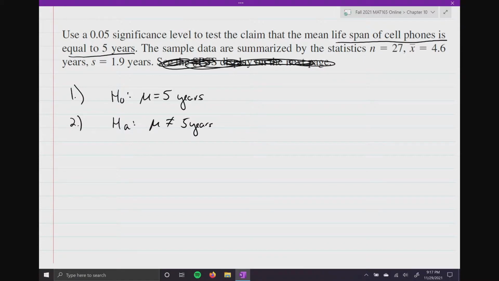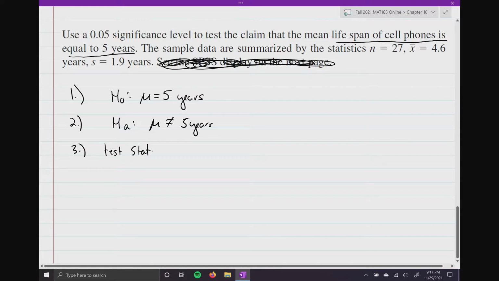Step 3 is going to be our test statistic. So t is going to equal x bar minus mu over s divided by the square root of n. So for us, we got 4.6 minus 5 divided by 1.9 over the square root of 17.